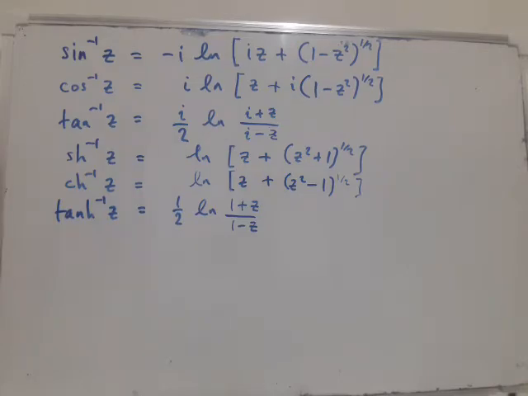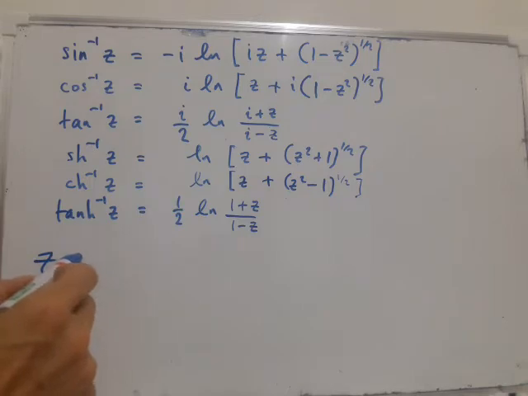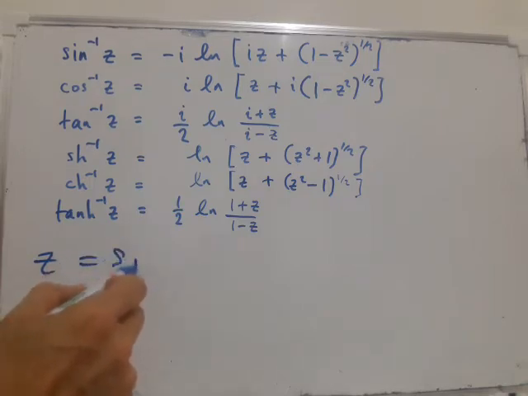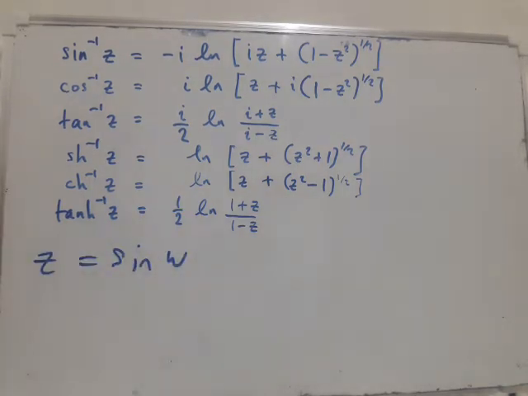We'll just derive the first one, inverse sine of z. So to do that, we'll write z equals sine w. Okay, so we want to find w in the end, which will give us inverse sine of z, the thing we want.